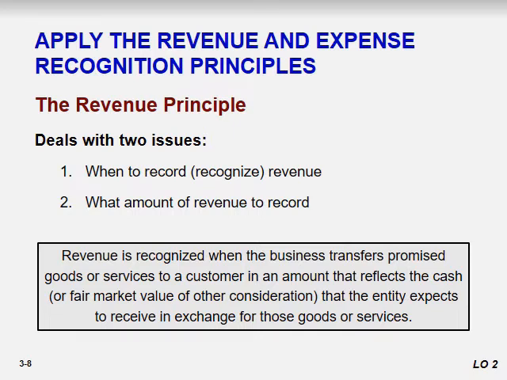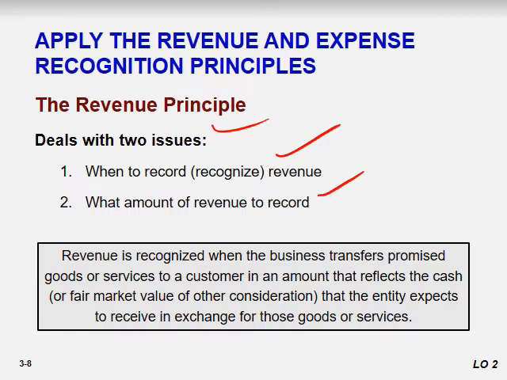In most cases, revenue is earned when the business has delivered a good or has performed its services for the customer. So, there are two issues with this deal: when to record the revenue and what amount of revenue to record, right?